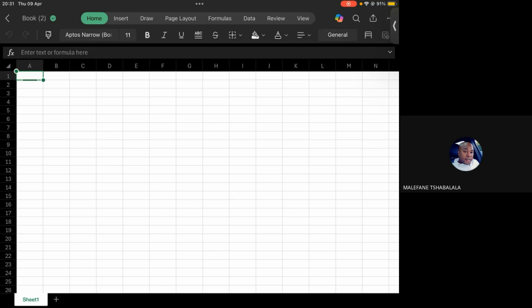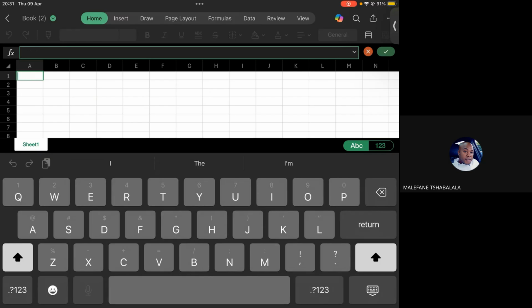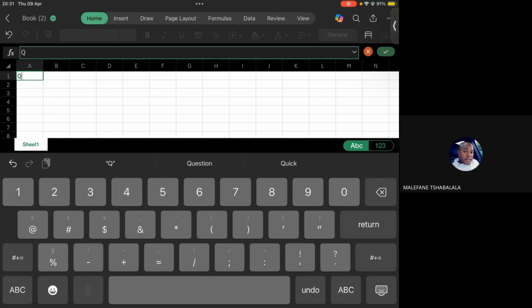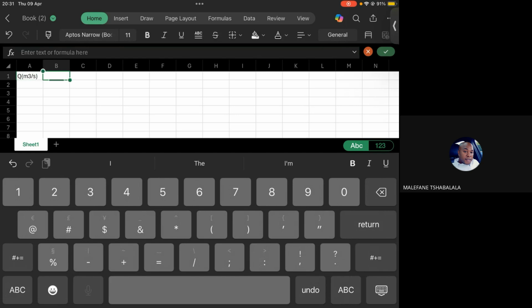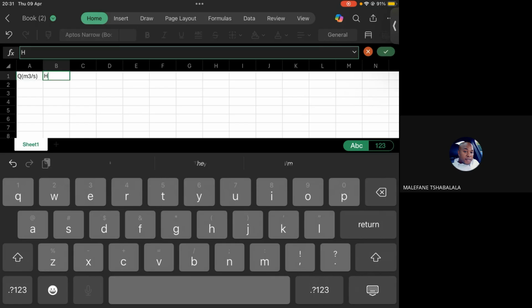In your spreadsheet, the first column, column A, will have the readings of the volumetric flow rate given in cubic meters per second. The second column will have the head readings, or the characteristic curve readings, given in meters.